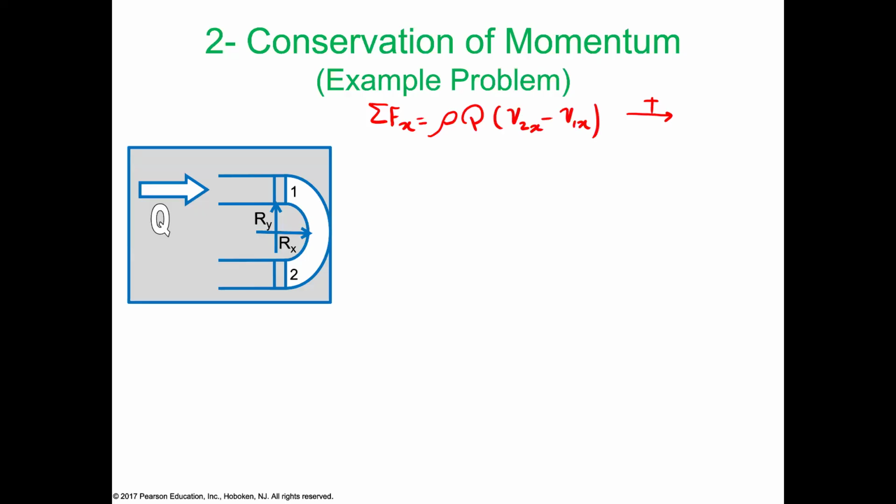The one that you can see here, I consider this one as positive, left to right. For the x forces, what do I have? I have P1A1, P2A2, and Rx. So all positive based on what I consider.